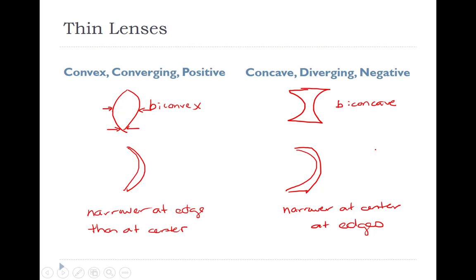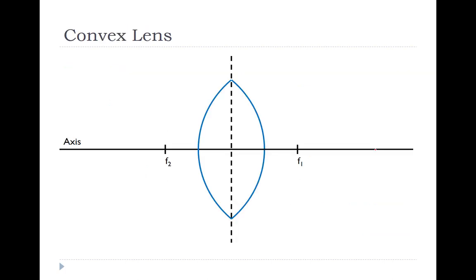So for this unit, what we're going to focus on is ray diagrams. For those, I'm going to introduce some features that you need to be aware of. For the convex lens, we're going to consider the object to be on the left.